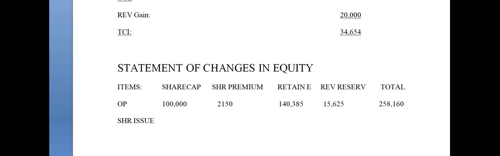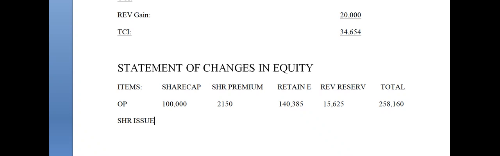They said 10 million naira of shares at 1 naira 20 kobo. Please multiply. 10 million multiplied by 1.20. What do we have?